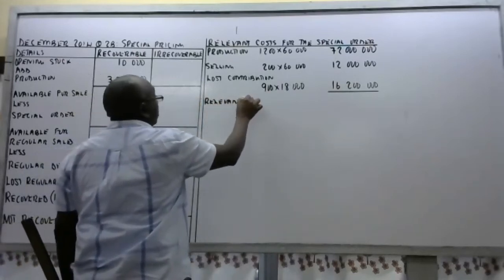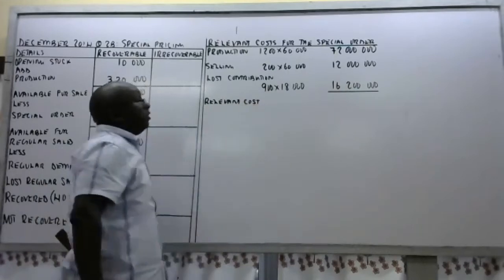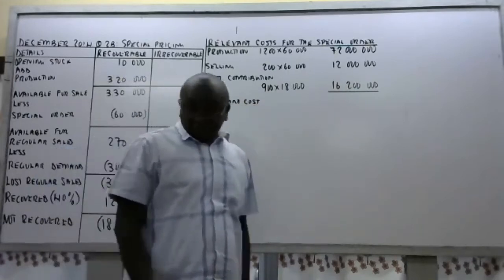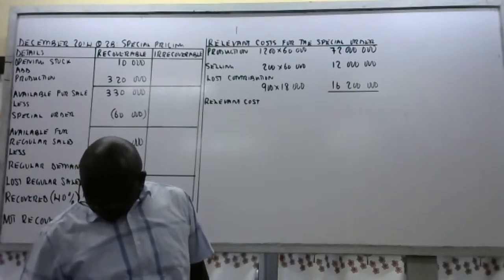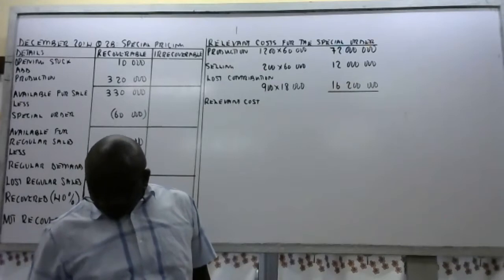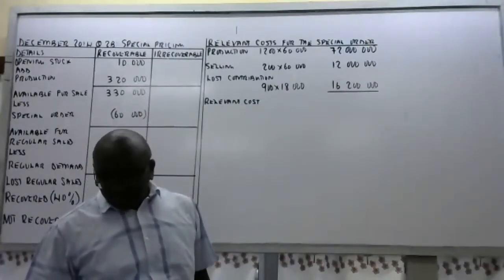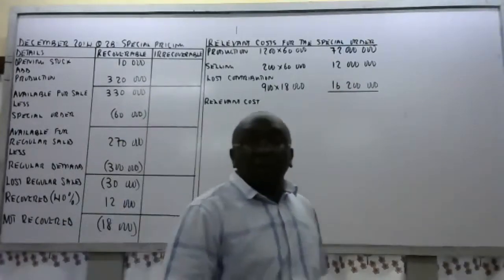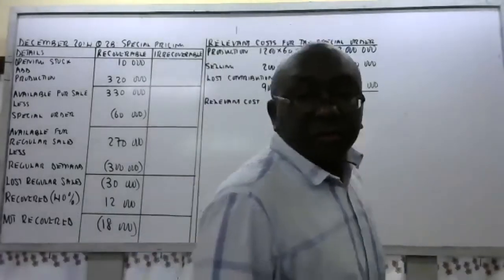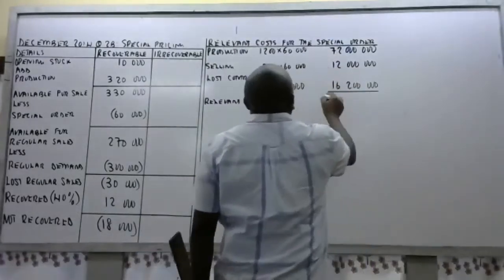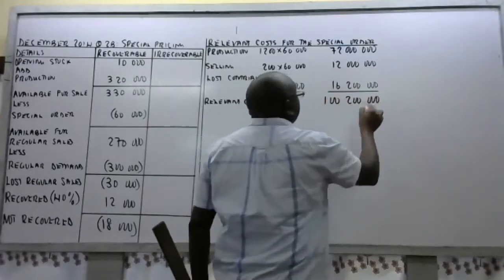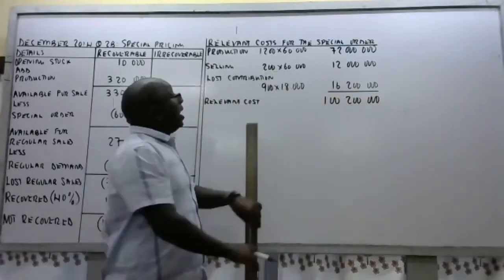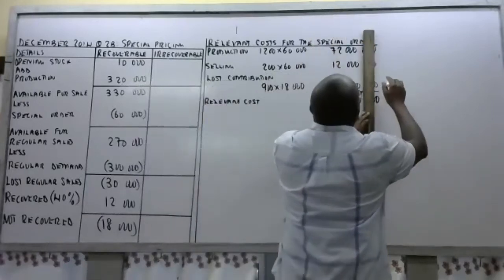Give me the total of that. $102 million according to Churchill. 102 million.